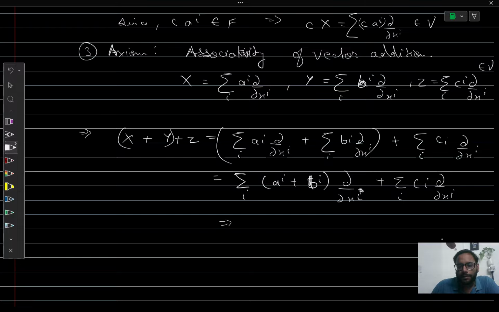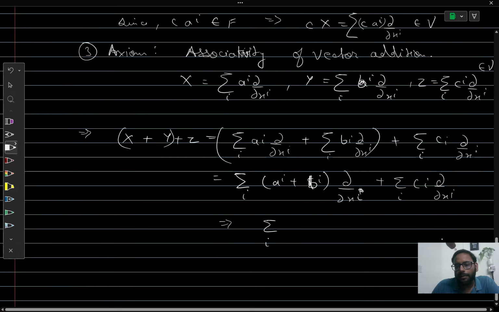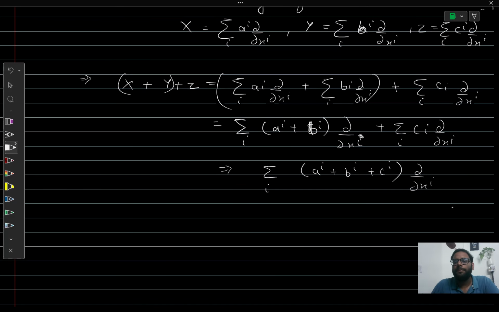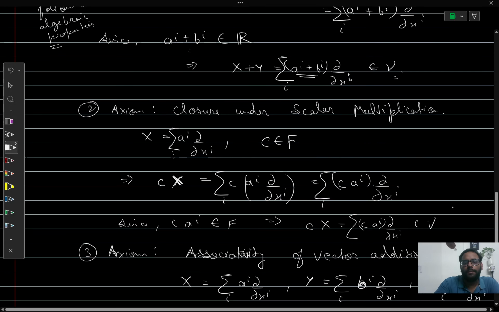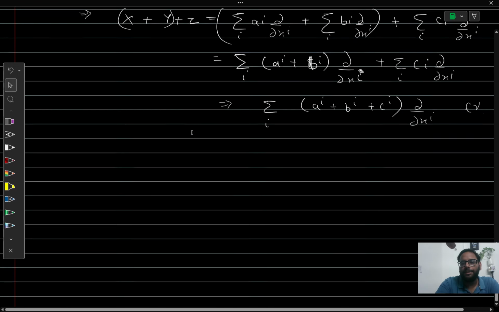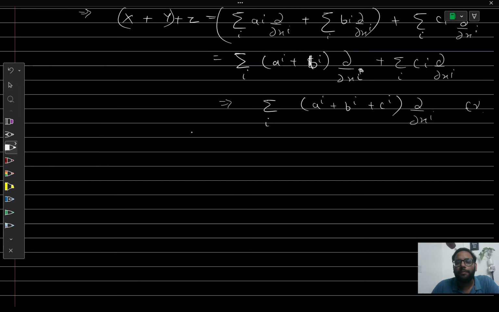Of course you know that you can add it again and take the partial derivative out. This will become like this. Of course this belongs to the vector space because we have already proved that it is closed under vector addition, so it will belong to the vector space.